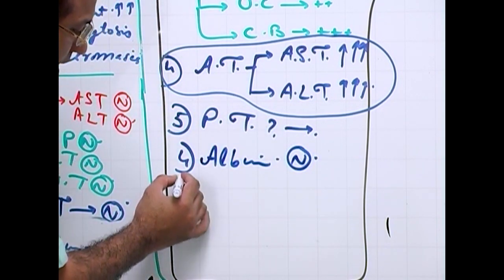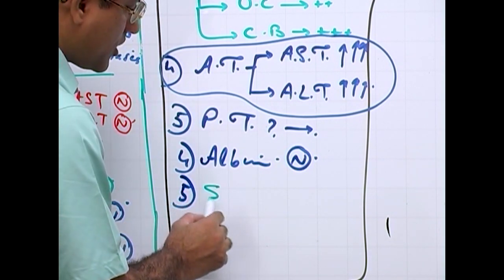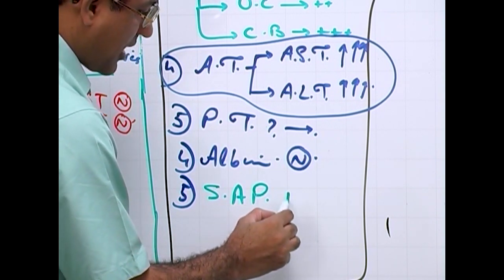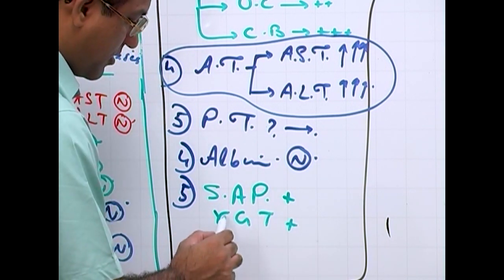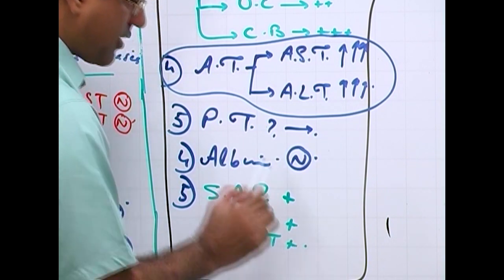Then we can say that in these patients, the features of biliary obstruction are not there. There is slight increase in serum alkaline phosphatases, slightly increased. Gamma glutamyl transferases, slightly increased. Yeah, what was that third? 5-nucleotidases, slightly increased.